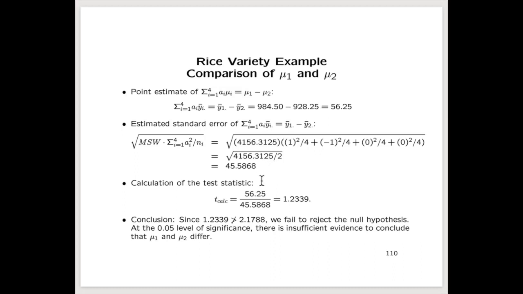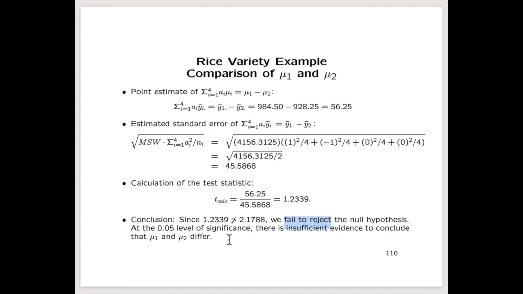Calculating the value of the test statistic, we get 1.2339. Since that value is not greater than 2.1788, we fail to reject the null hypothesis.